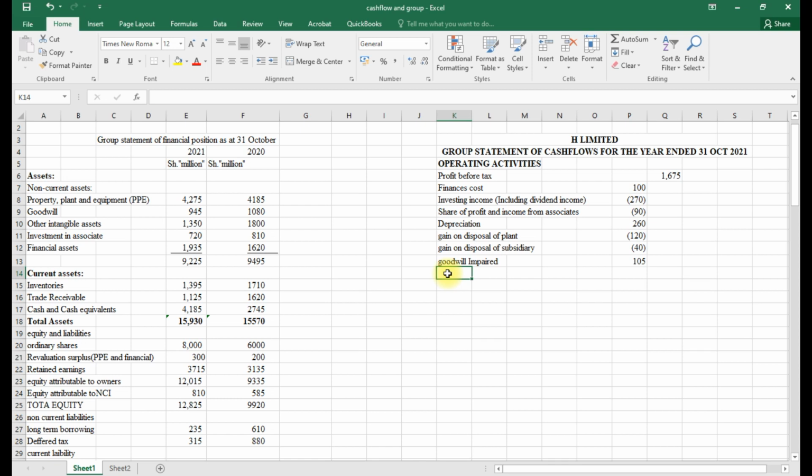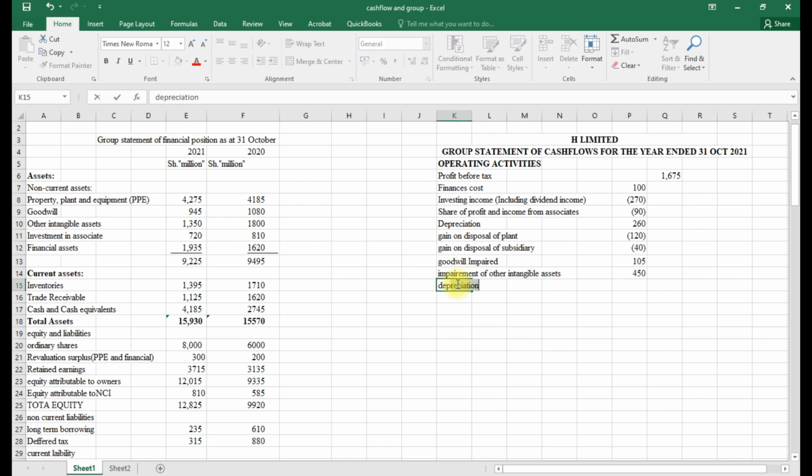Impairment of other intangible assets. Other intangible, at the beginning we had 1800 and at the end we had 1350, so they were impaired by 450.